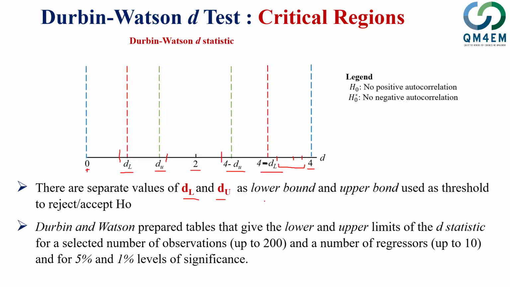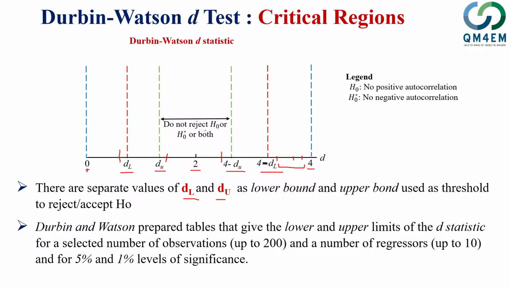When the value is 2, there is no autocorrelation, and when the value is within the range of DU and 4 minus DU, again we say there is no autocorrelation, and we do not reject H0, which says that there is no autocorrelation. We do not reject H0 within this range, meaning there is no positive or negative autocorrelation.